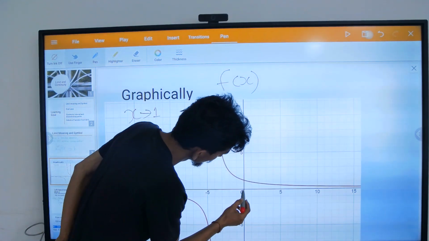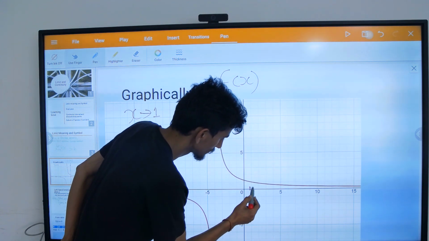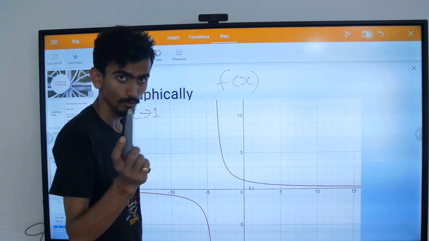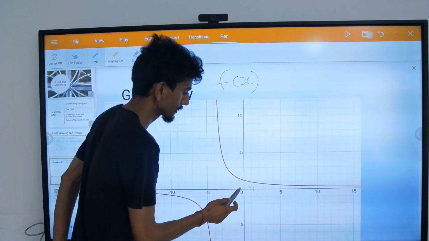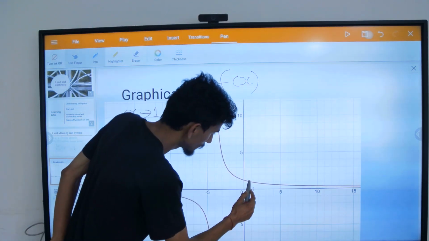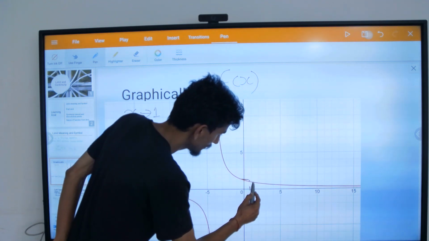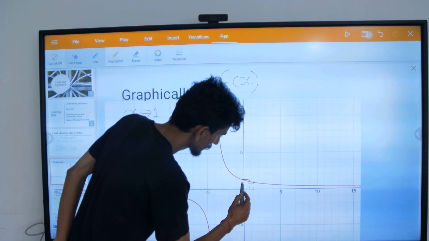So you see, when x is close to 1, that is this point and this point, both are close to 1. And we'll see what the function gets close to. When x is close to 1, we see the function value is either this or this.